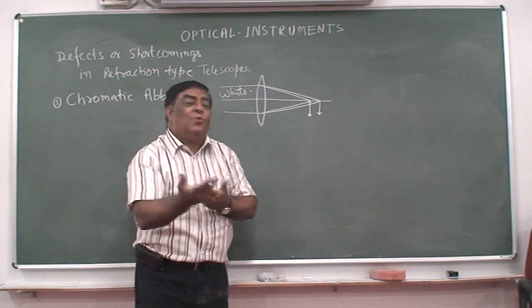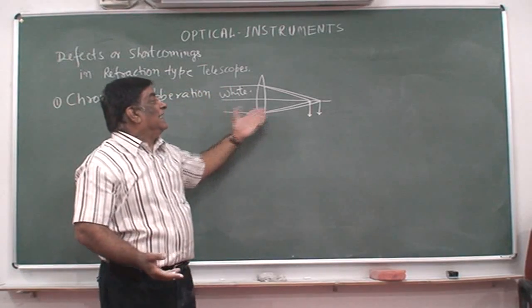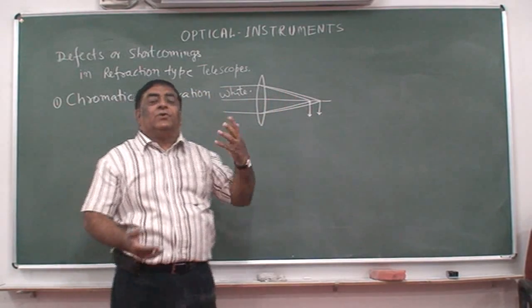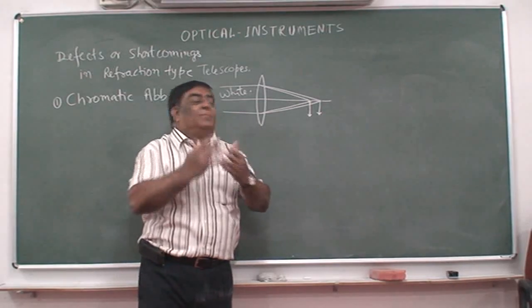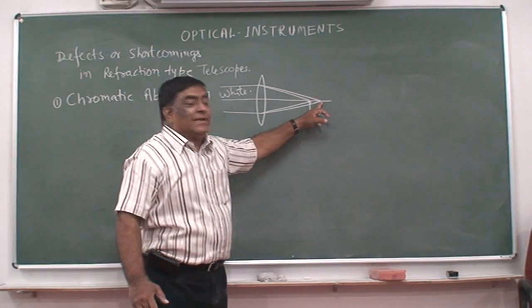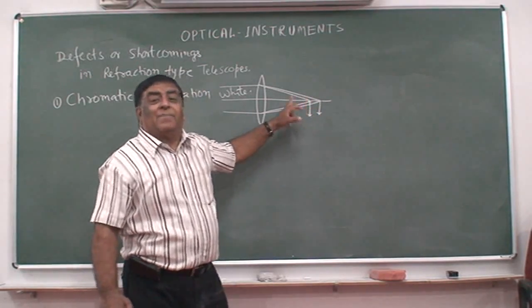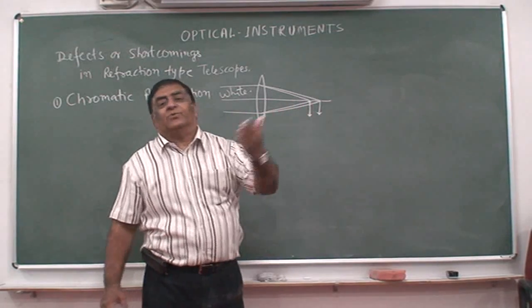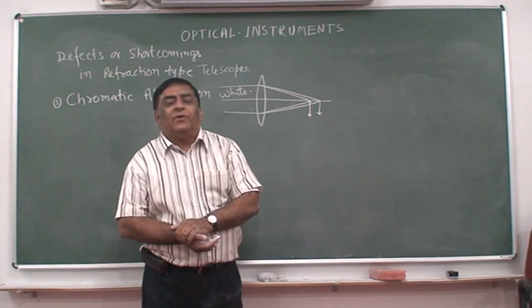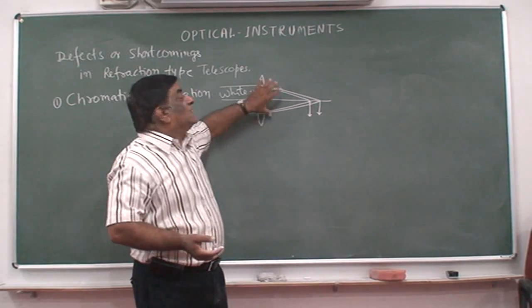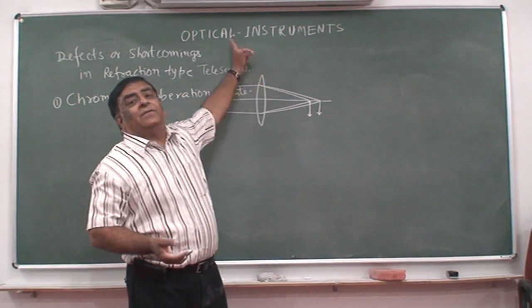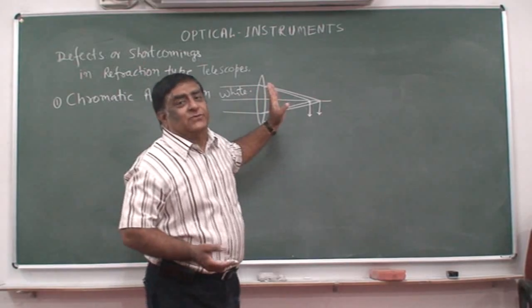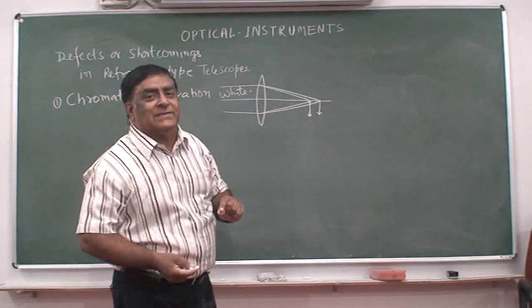One is less, one is more, because this light may contain different colors, so they are all mixed up. One here, one here. So this color aberration mixes up the things and we are not able to see them clearly. So this is one problem in this type of telescope where we are using lenses.